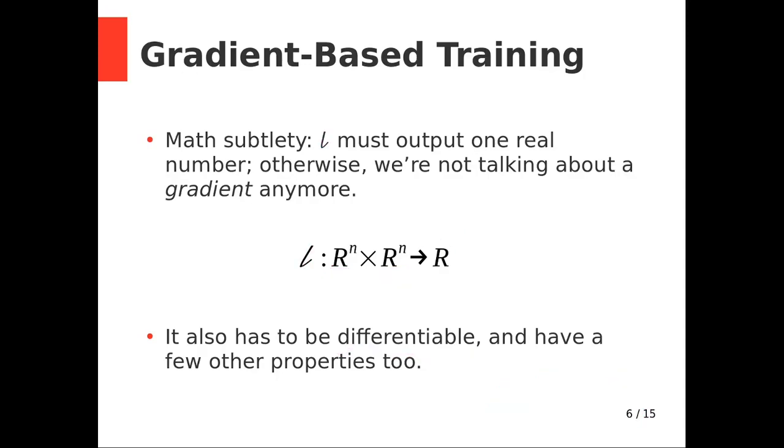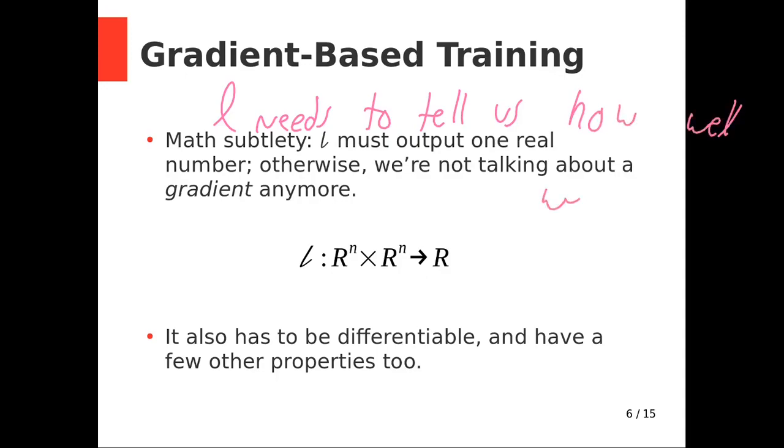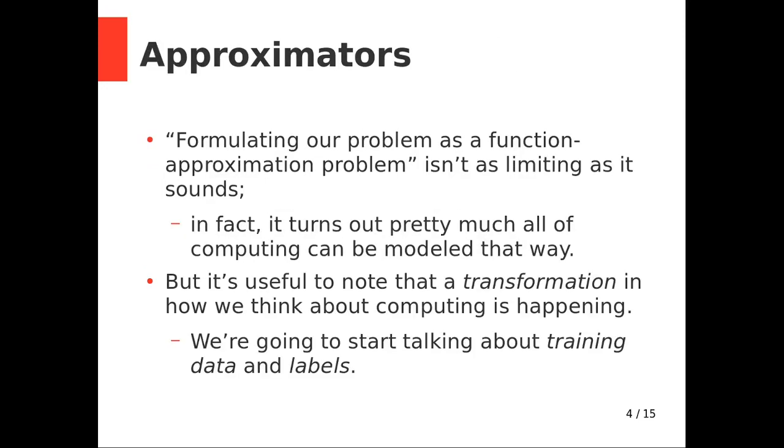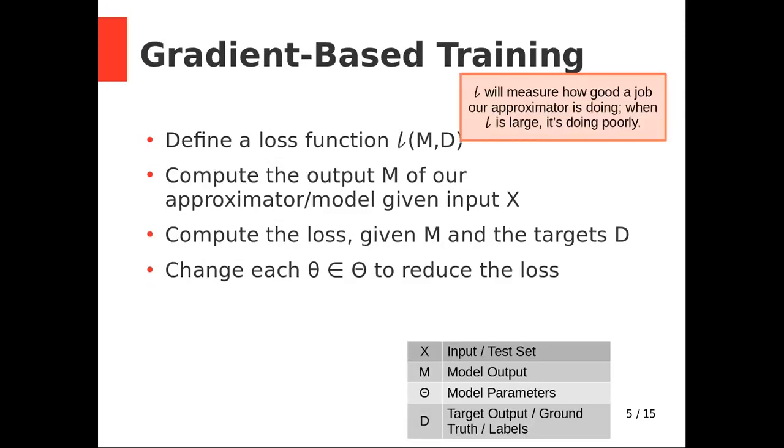So one of the most important properties that didn't make this slide but should have is L needs to tell us how well we're doing. And I think I had that in the previous slide, and I just skipped ahead of it accidentally. Yep, there it is.